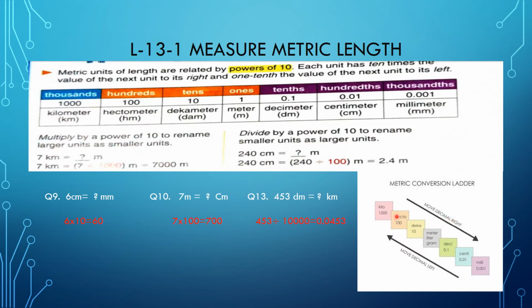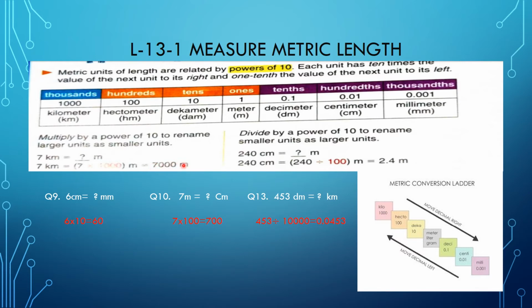How many steps? 1, 2 and 3 steps. Then you can see this is your 7. Then move down, that means right. 7, after that 1, 2 and 3. What is the answer? You can see 1, 2 and 3.